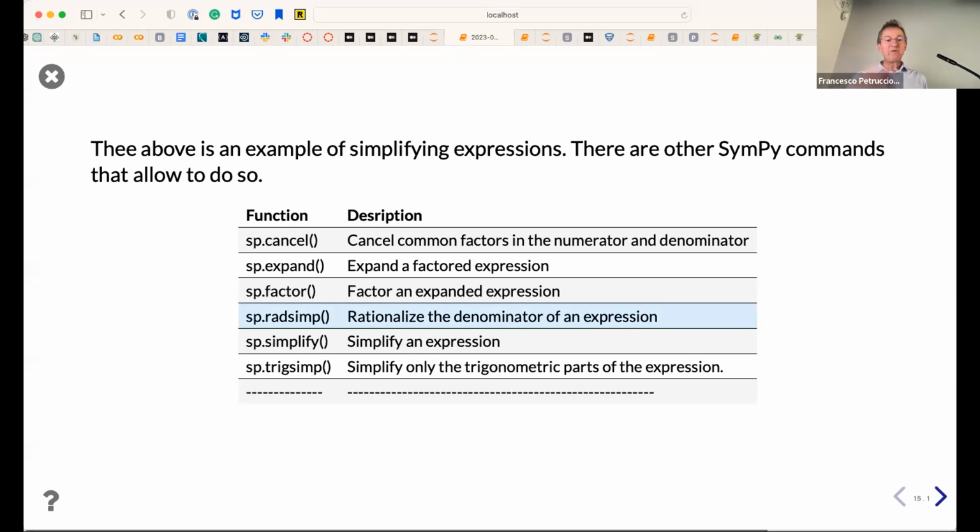Simplify we have, and then there is a special simplify for trigonometric functions, which is trigsimp. Very often simplify does it automatically, but if for whatever reason it doesn't work, you can force it with trigsimp. And there are many more, but with these you should have a basic setup for working.